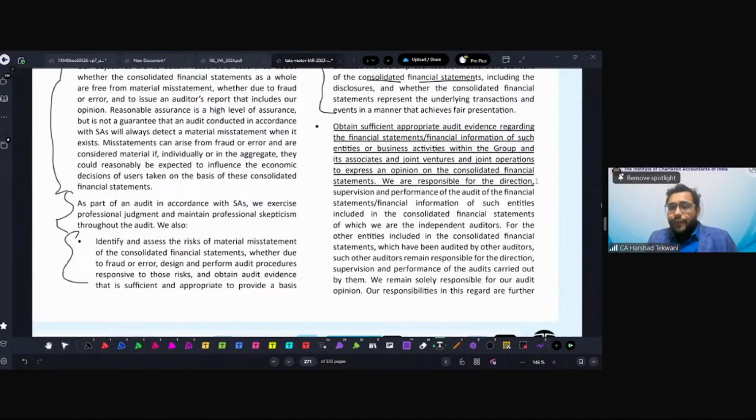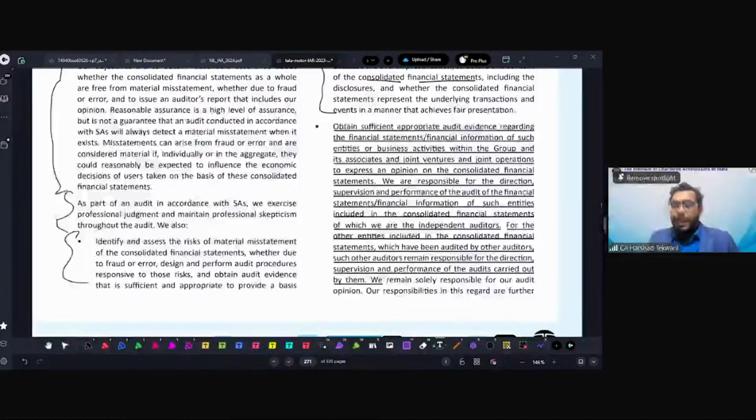We are responsible for the direction, supervision, performance of the audit of financial statement or financial information of such entities included in the consolidated financial statements of which we are independent auditor. For other entities included in the consolidated financial statement, which have been audited by other auditors, such other auditors remain responsible for the direction, supervision, performance of the audit carried out by them.